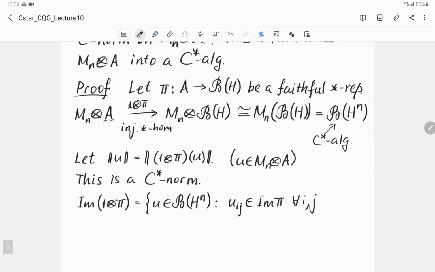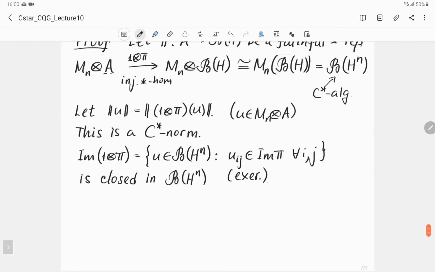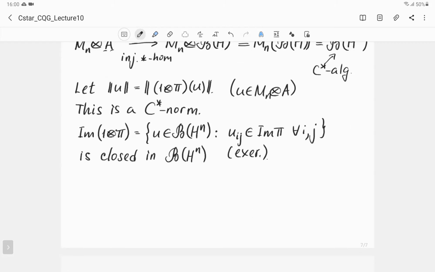This is immediate from the construction of our homomorphism. It's a simple exercise to show that this is closed in B(H^n). This is an exercise. So this implies that the tensor product of Mn and A is complete. So this is a C-star algebra.